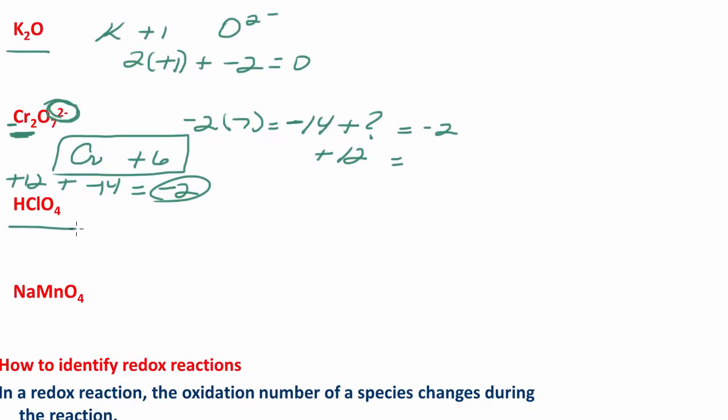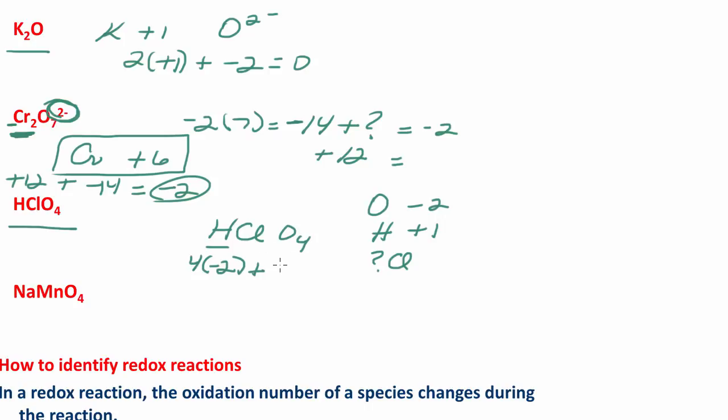Let's take a look at this one here, perchloric acid, and notice we have 3 different atoms. So we know oxygen is -2. We know the hydrogen is +1. So what we need to know is the oxidation number of the chlorine. We have 4 oxygen atoms of -2 plus 1 hydrogen, that's +1.